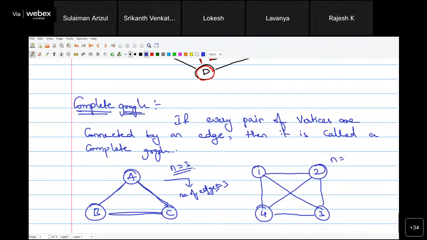Here, when n is 4, the number of vertices is 4. How many edges are there? 6. Correct. So 1, 2, 3, 4, 5, and 6.